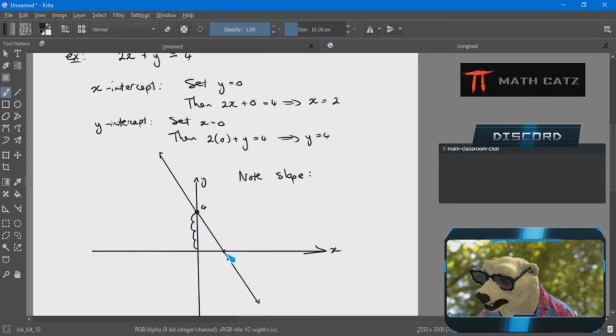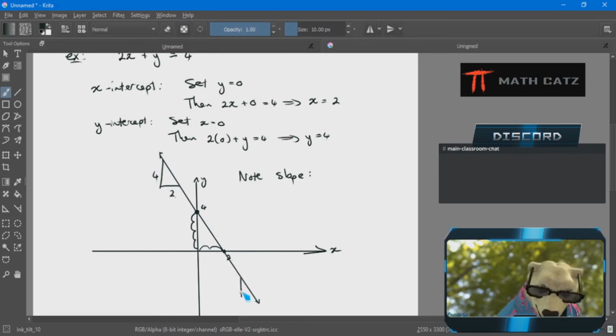And to get back to the line, I would have to make a change of 2 in the x direction. So the slope is a ratio 4 to 2. And that ratio is going to be where it's convenient, maybe the intercepts, but anywhere else as well, it's going to be a 4 to 2 ratio.